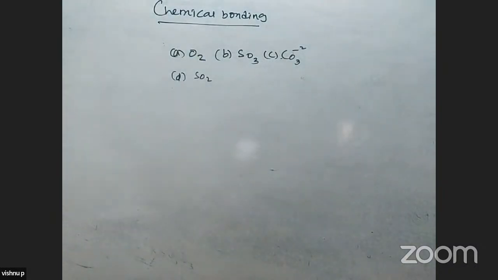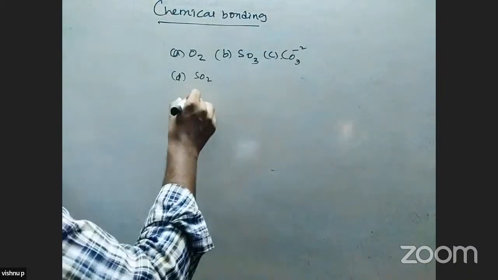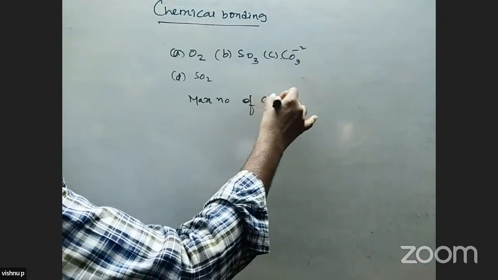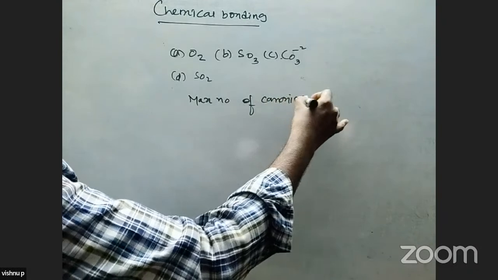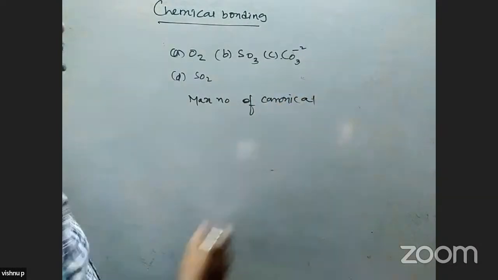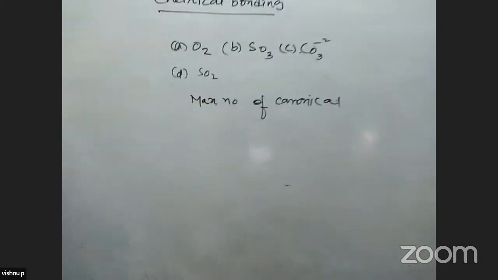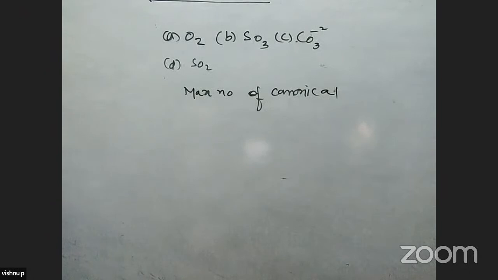Identify the species having one pi bond and the maximum number of canonical forms. Which of these molecules shows the maximum number of canonical forms, or resonance forms?